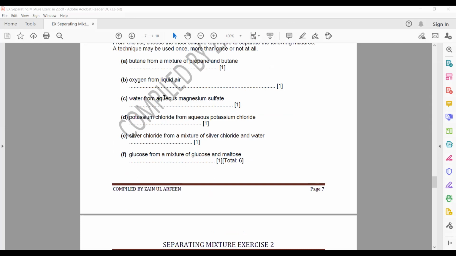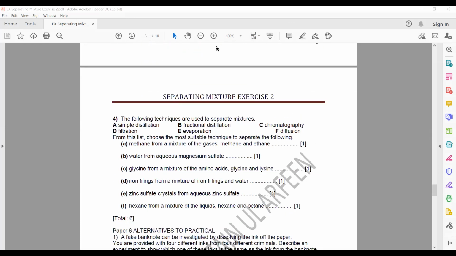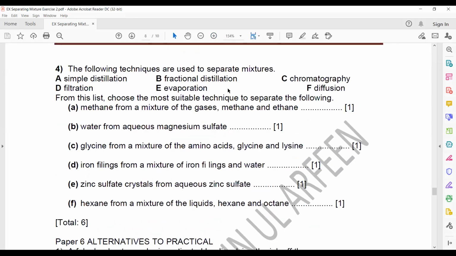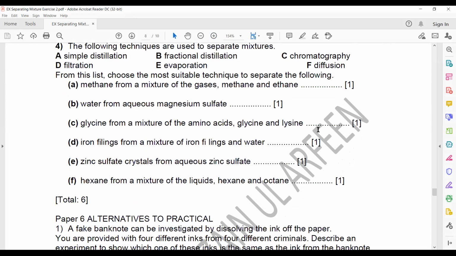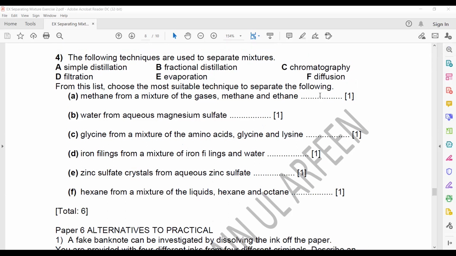Question 3. And this is a similar question. In question 4, the following techniques are used to separate the mixture.